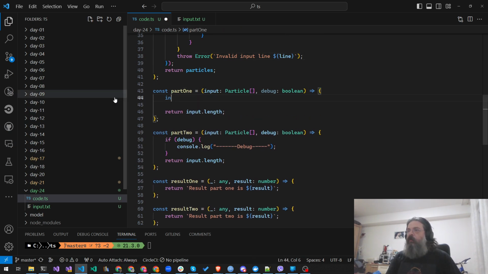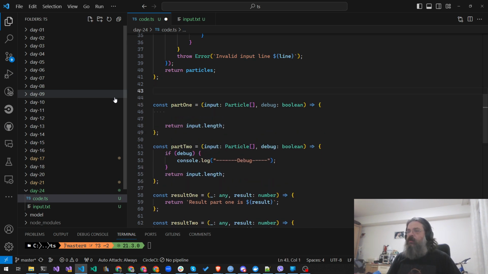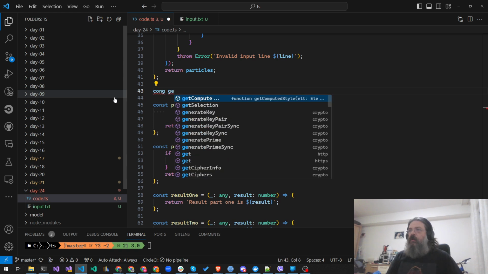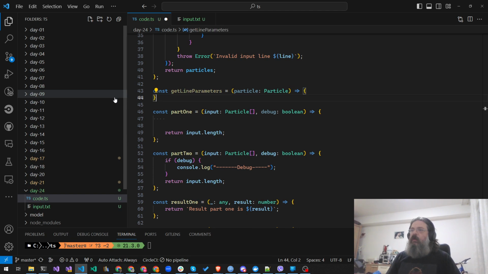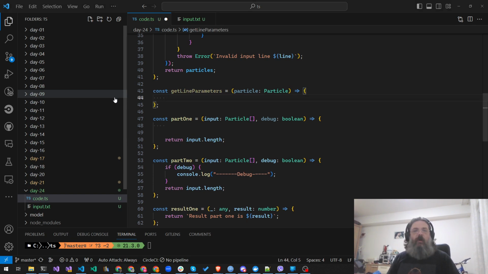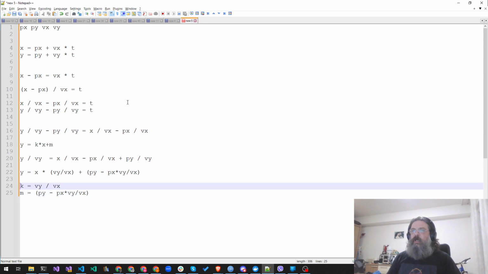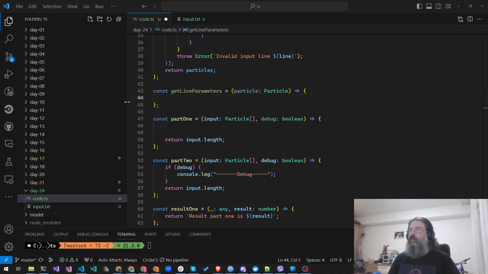So now I will take the input and get line parameters for a particle. And we said, now I will just go in and copy this and see whether we are correct.